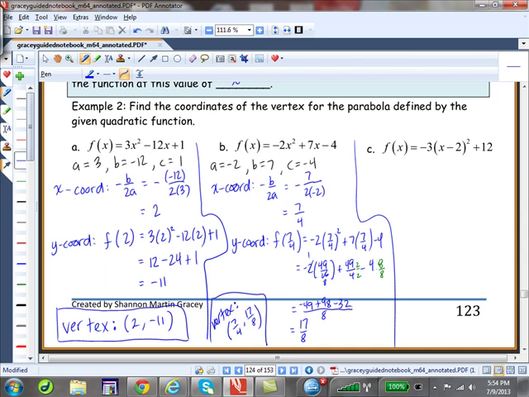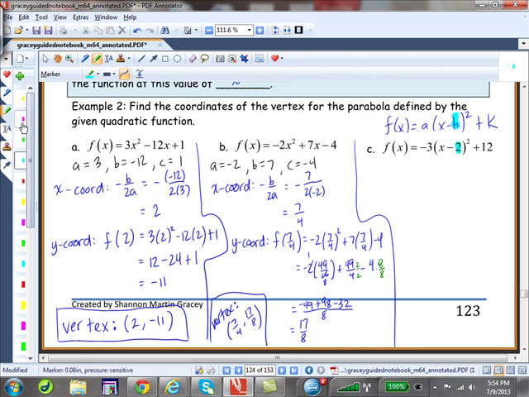Okay. See, I was kind of suckering you in here. Do you see that you don't need to multiply it all out and then construct it this way? This was given to us in this format: f of x is a times x minus h, the quantity squared, plus k. So I'm going to do it the easy way.